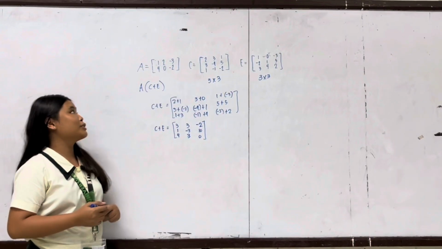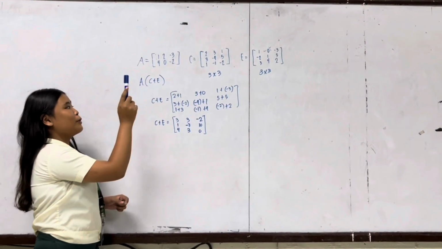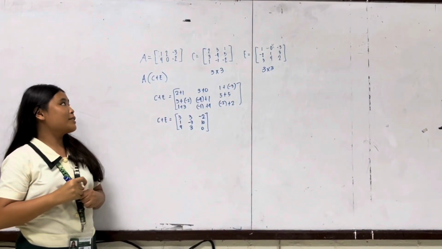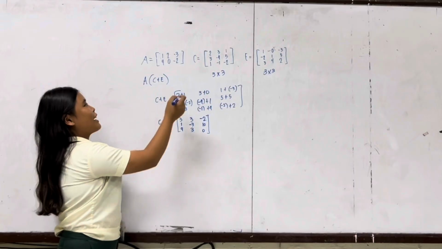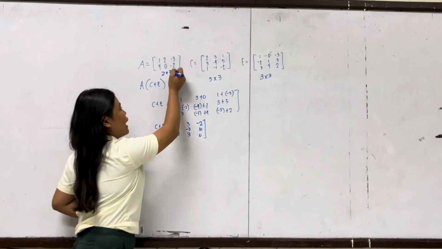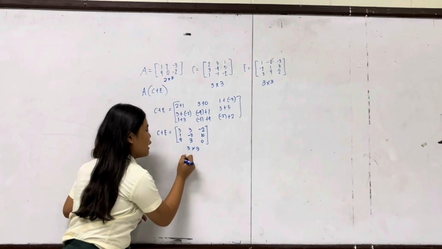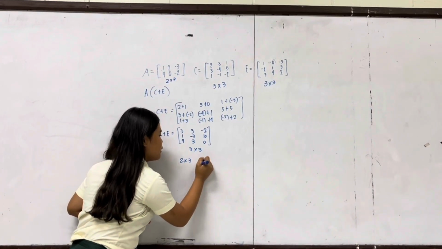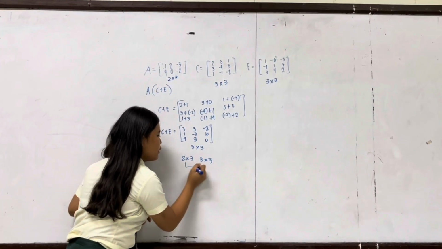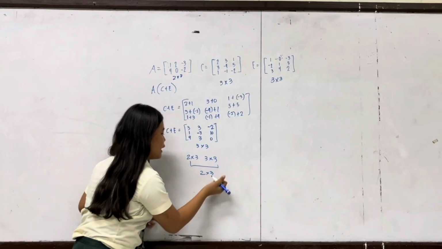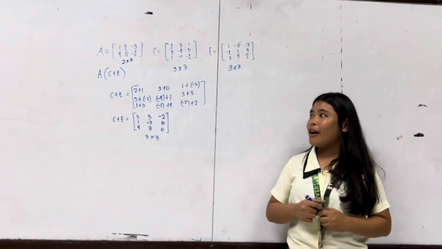So now we can multiply matrix A to C plus A. As you can see, our matrix A here is 2 by 3 and our C plus A matrix is 3 by 3. So now we have a new dimension of 2 by 3. So now we can solve A times C plus A.